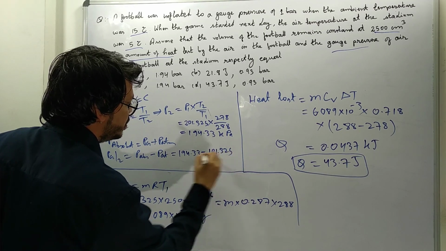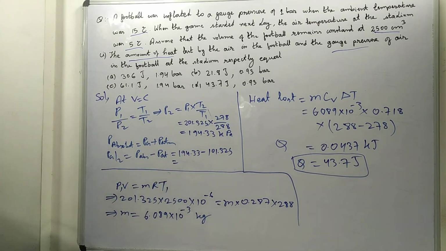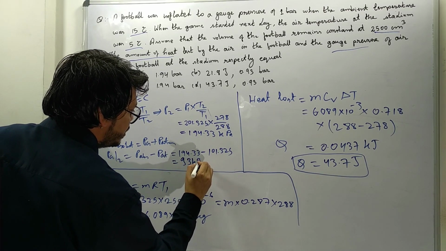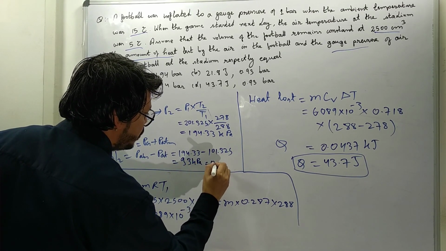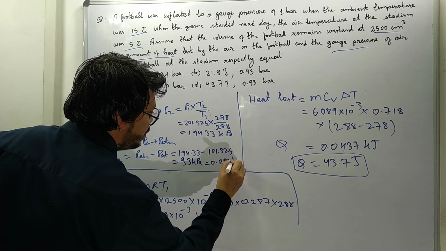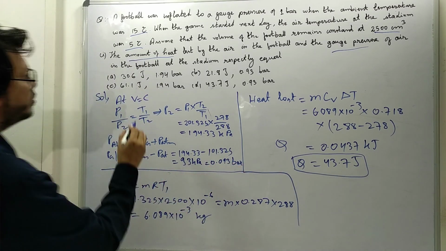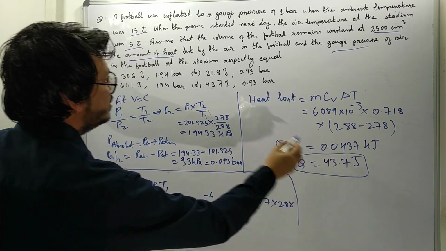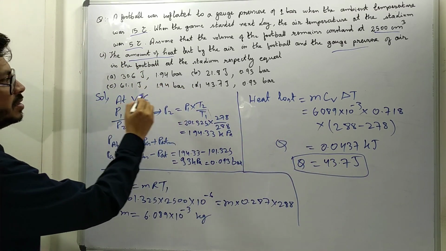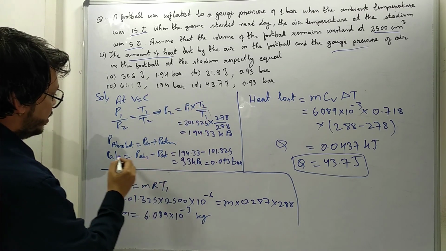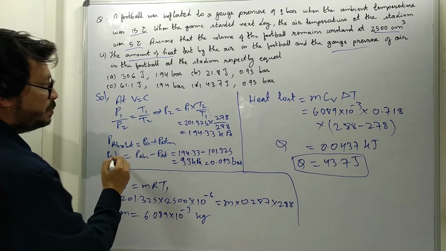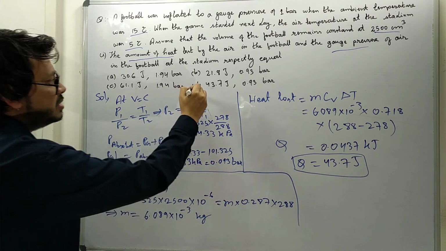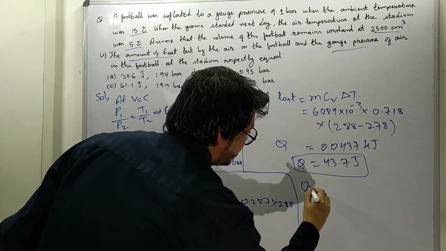On solving we get P gauge 2 as 93 kilopascal, equal to 0.93 bar. So from here we have Q as 43.7, which matches with option D, and gauge pressure is equal to 0.93 bar. This matches, so option D is the answer.